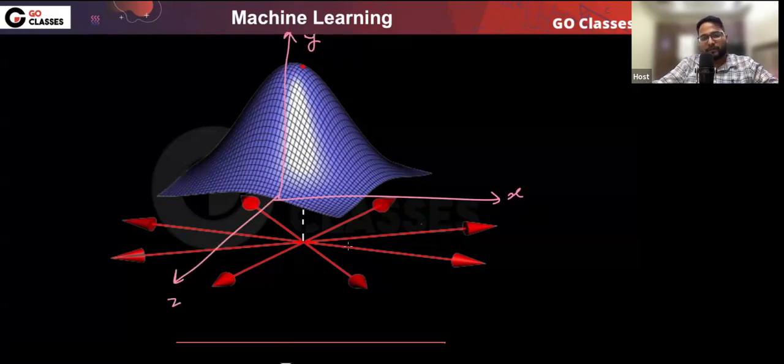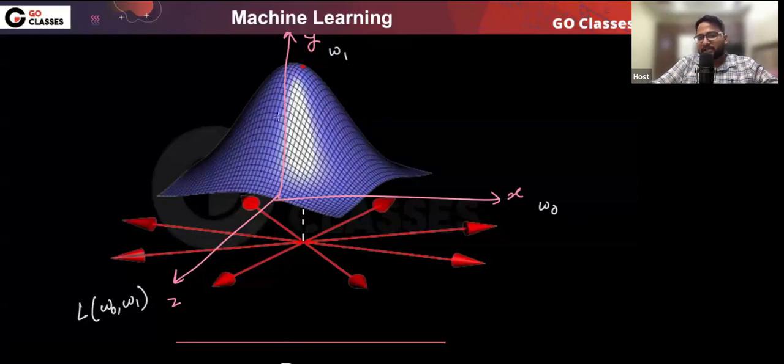On x you have w1, here you have w2. Let's suppose these are w0 and w1, and on the z axis you have the loss function, which is a function of w0 and w1.